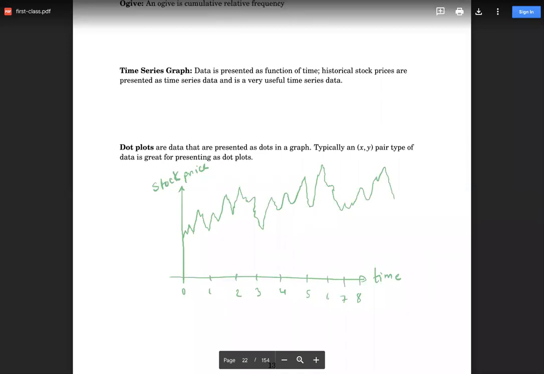This is how stock price behaves. So time series data is any data that is dependent on time, and it's continuous typically in nature.